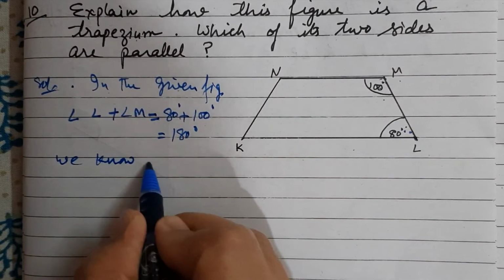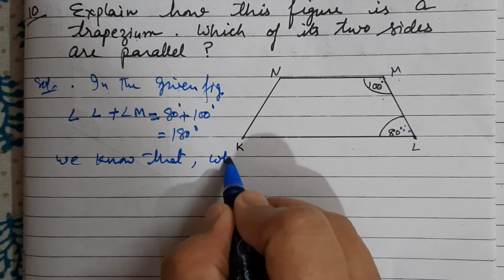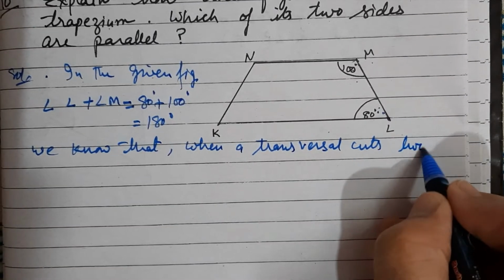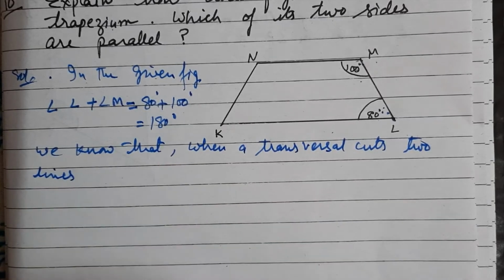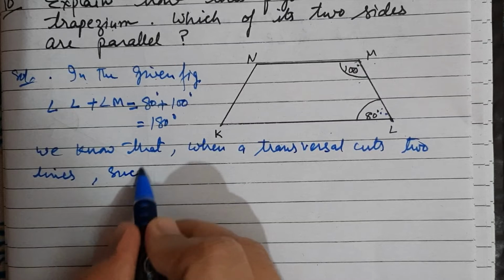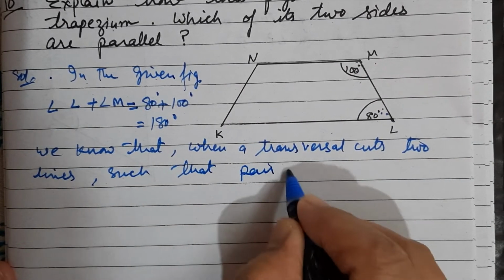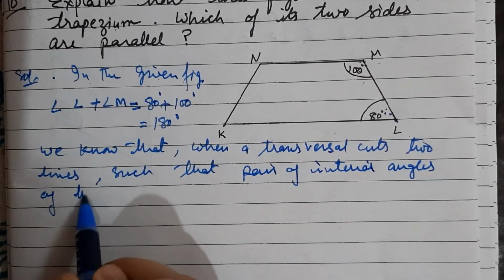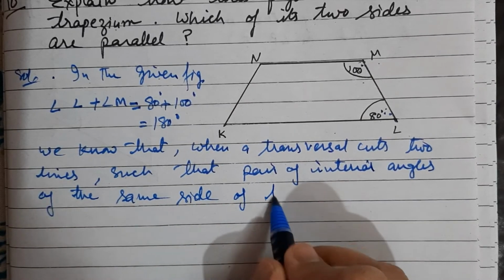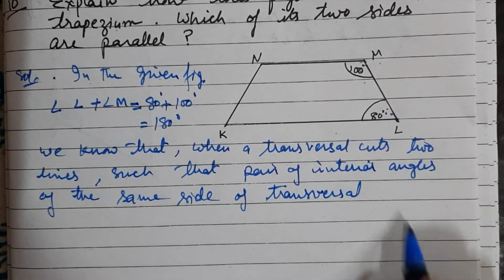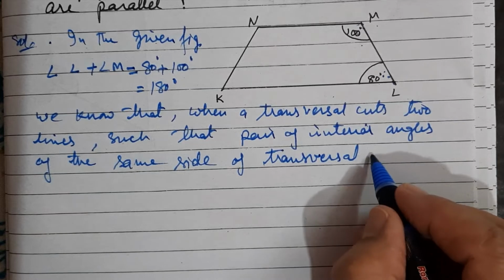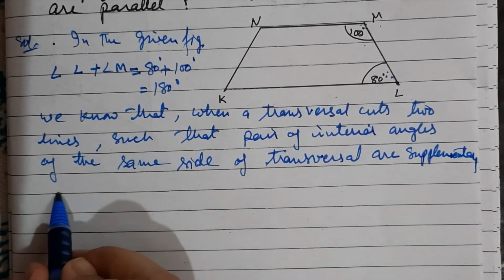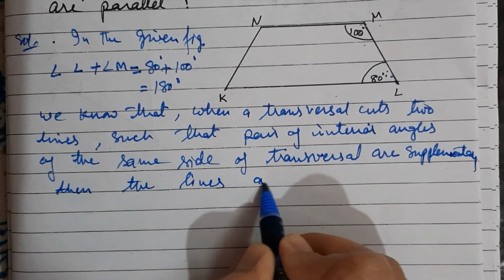We know that when a transversal cuts two lines such that a pair of interior angles on the same side of the transversal are supplementary, then the lines are parallel.